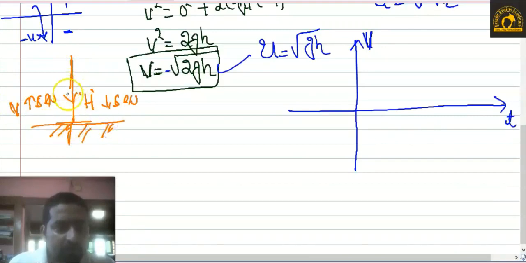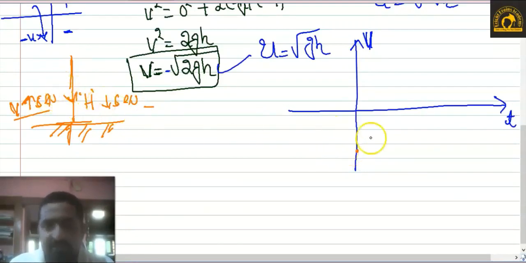Because acceleration increases, velocity increases. The velocity increases with negative sign.